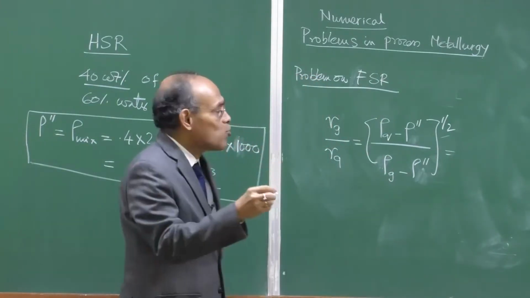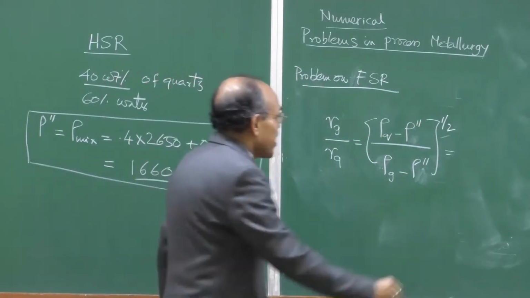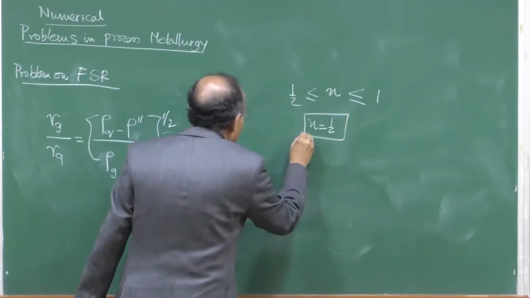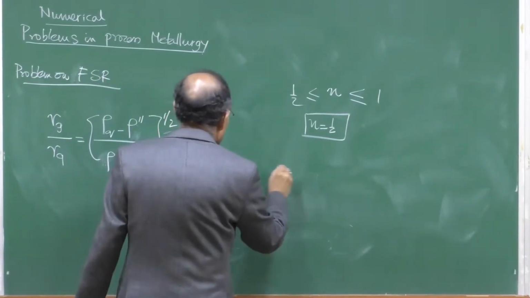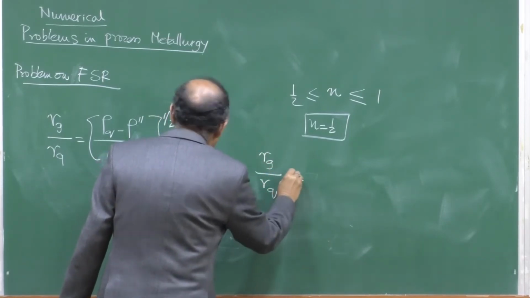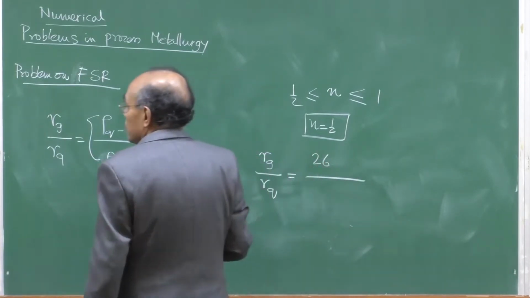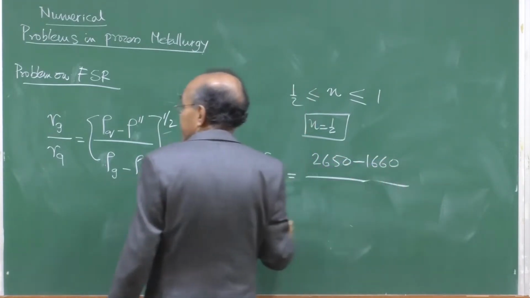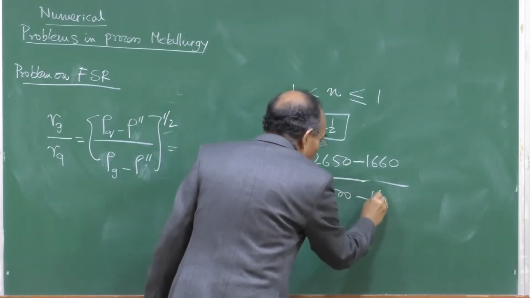Let us solve, because we have solved the value with regard to half in the other problem, the free settling ratio. So, in this case, let us consider that I give you n equal to half, and therefore we can see that R galena by R quartz is equal to, now this is rho quartz, 2650 minus 1660, and the density of galena is 7500 minus 1660.